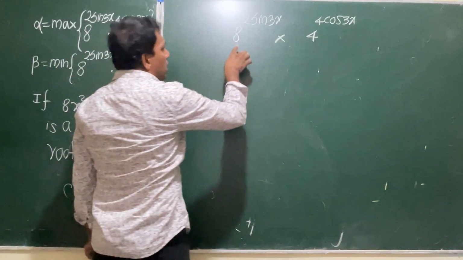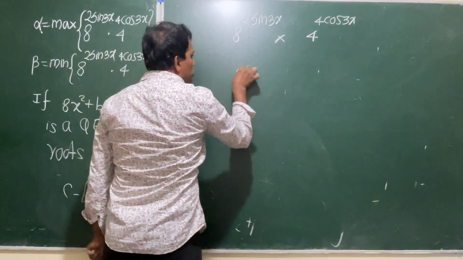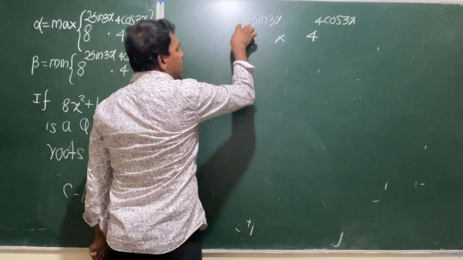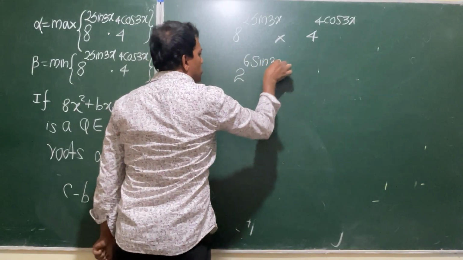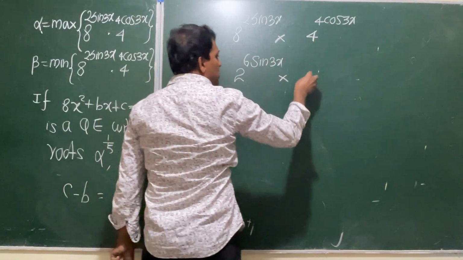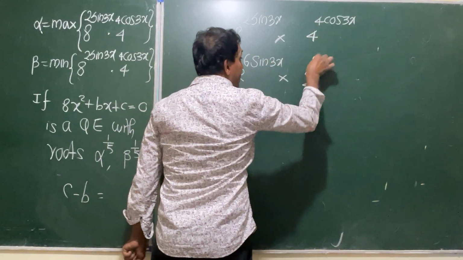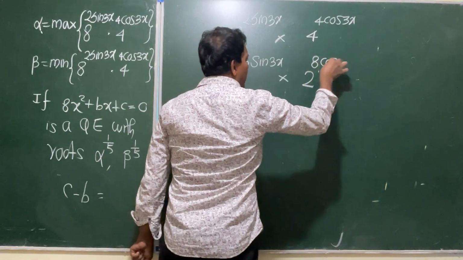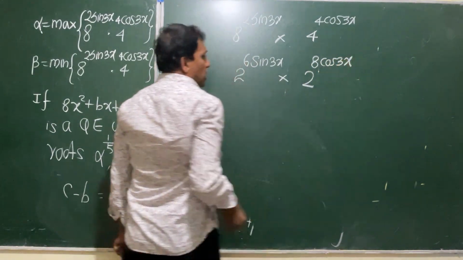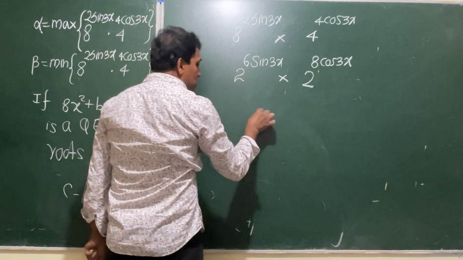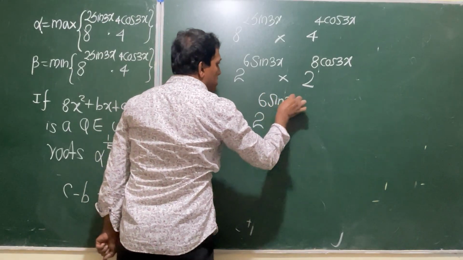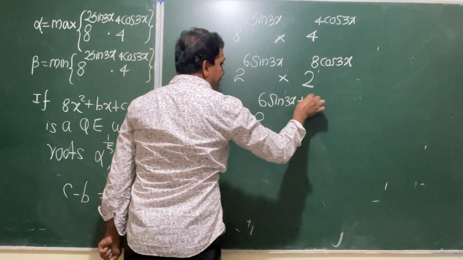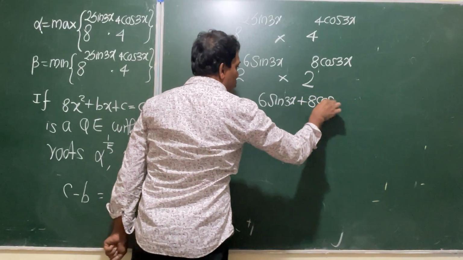Okay, can I convert to base 2? 2 to the power 3, so 6, into 4 is 2 square, so 8. Nice work, right? Now the bases are equal, so the indices add up: 6 sine 3x plus 8 cos 3x.